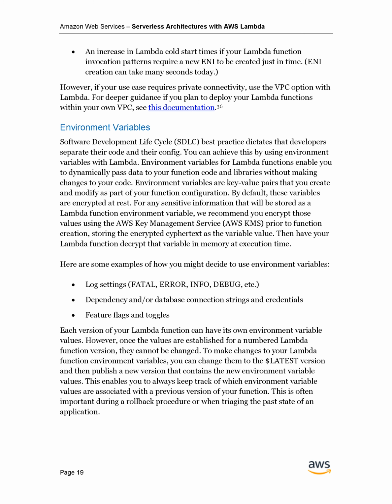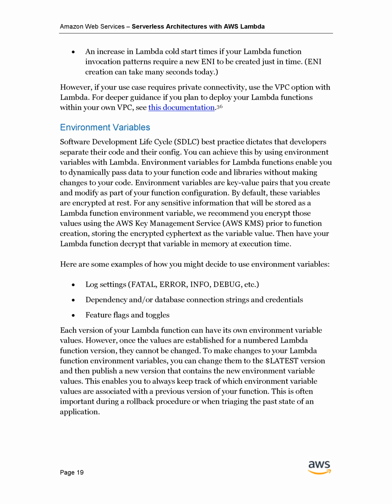Here are some examples of how you might decide to use environment variables: log settings, fatal, error, info, debug, etc.; dependency and/or database connection strings and credentials; feature flags and toggles. Each version of your Lambda function can have its own environment variable values. However, once the values are established for a numbered Lambda function version, they cannot be changed.